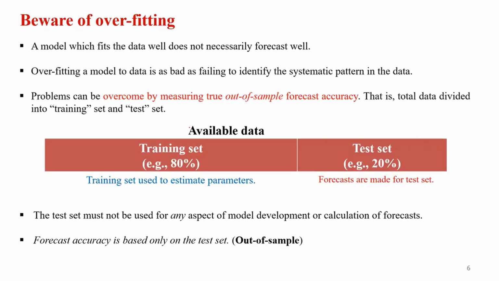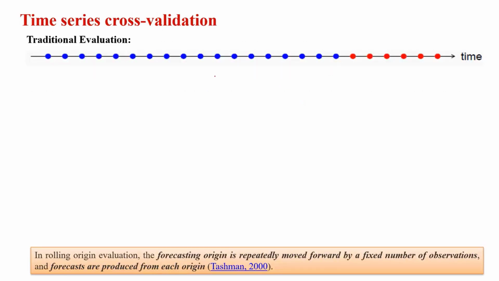If we have a 100 value data set, as I am showing over here, let's say the blue color indicates the training data set, whereas the red indicates the test data set.